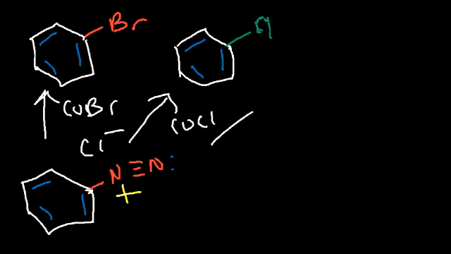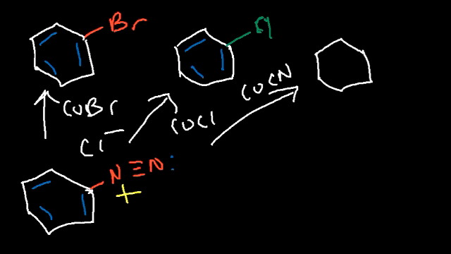Or you can add copper cyanide, CuCN, and get a nitrile group instead. The reactions that are using the copper 1 cation, these reactions with the arene diazonium salt are known as the Sandmeyer reactions. So here we're going to get a nitrile group.